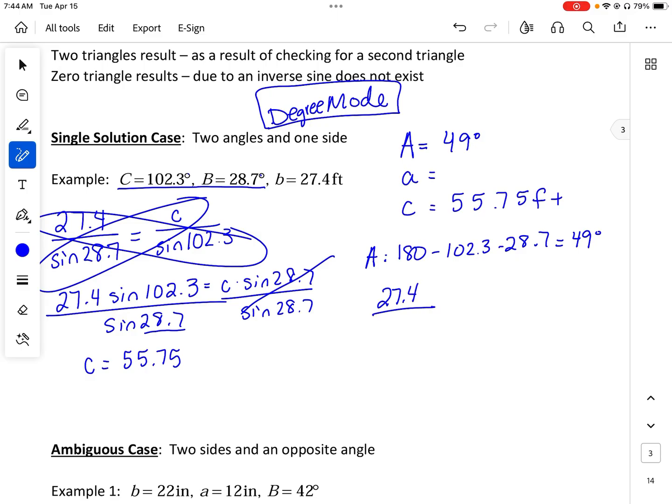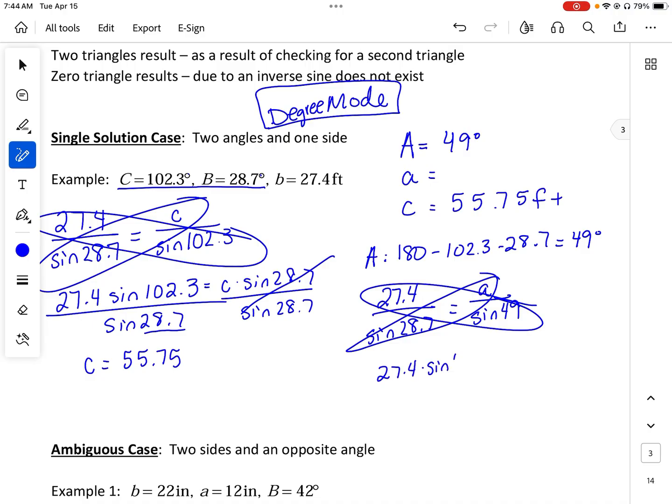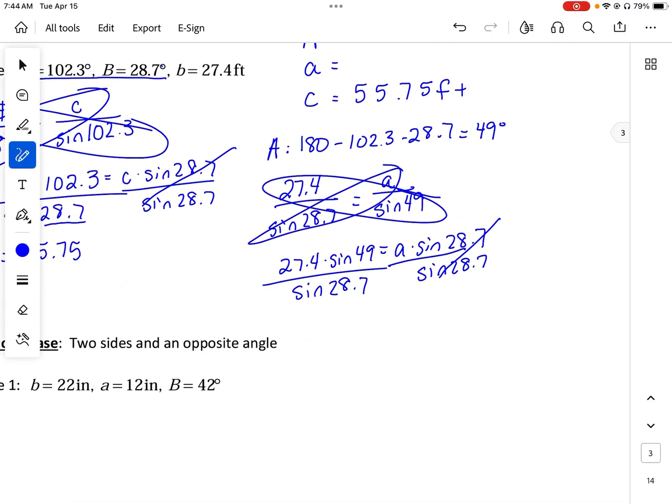Then we can do side A. I'm going to use that same B over sine B, so 27.4 over sine 28.7 equals A over sine 49. Cross multiply and divide: 27.4 times sine 49 equals A times sine 28.7. So we divide by sine 28.7.